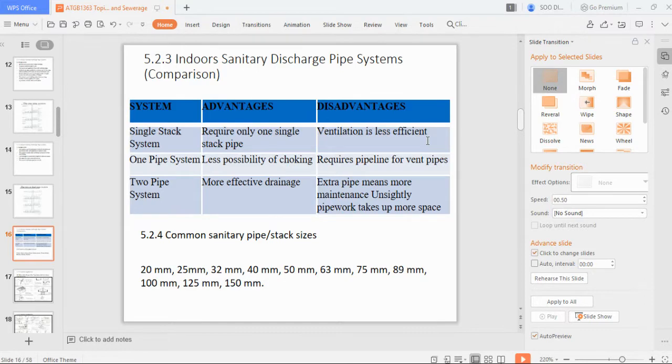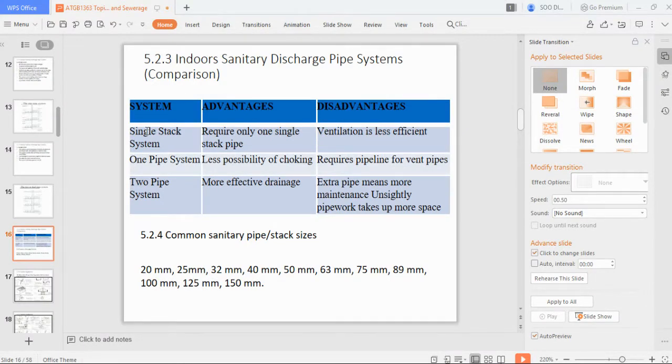So if you were to have a very high discharge, or you connect a lot of sanitary appliances to this system, because of the ventilation being less efficient, if you were to discharge a lot down this piping system, you will actually choke the system.